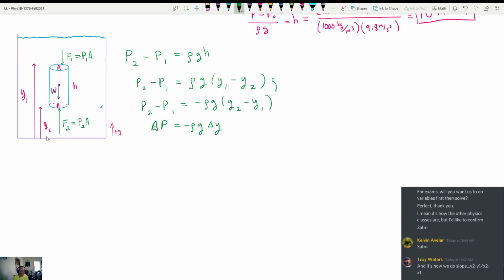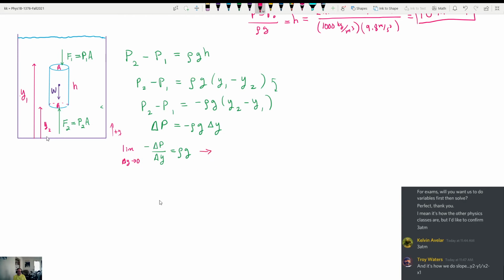Delta, of course, means you take the difference between the pressures at 2 points in the fluid, in general. Now I'm going to rearrange this, and move the delta y to the left-hand side, and put the negative sign over here too. And then the final thing that we're going to do, something we do pretty commonly in these classes, is take a limit as delta y goes to 0 of this whole thing.